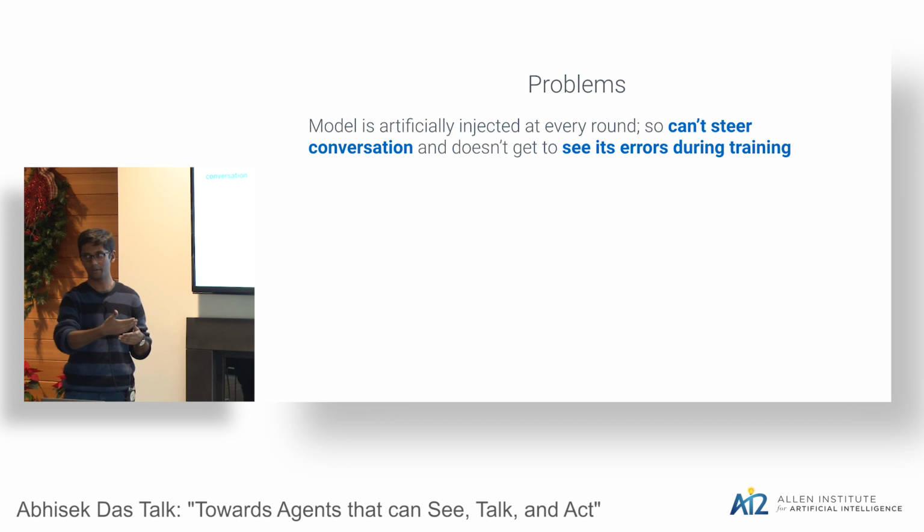They're looking at the ground truth dialog history and spitting out one particular answer, and that's the only supervision they're getting. They're not steering the conversation. So after predicting the answer at a particular round, in the next round their answer is thrown away, and they're again given the ground truth human dialog history. So they don't get to see the errors that they might make during training.